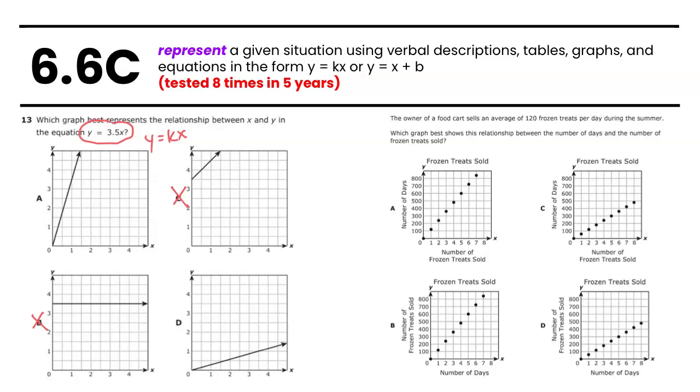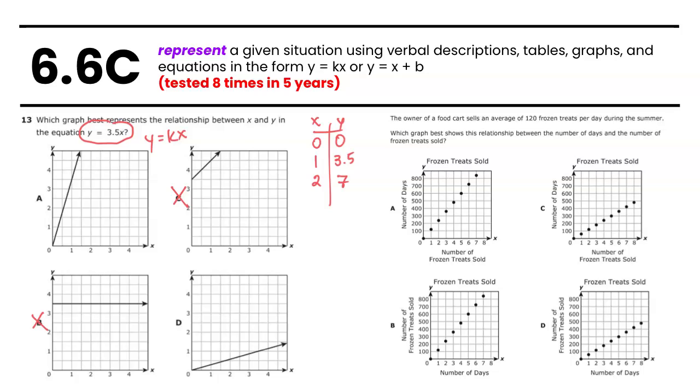Then from there, you could have them create a table of values to match it with the correct graph. If they were going to create a table of values, x and y, then starting off with 0: if we let x be 0, 3.5 times 0 is 0, so there's the origin point that we were talking about. If we let x be 1, 3.5 times 1 is 3.5. And if we let x be 2, then y is going to be 3.5 times 2, which will be 7.